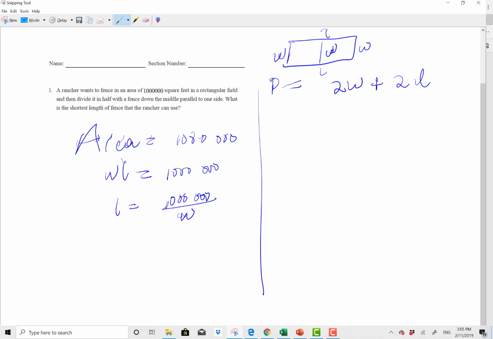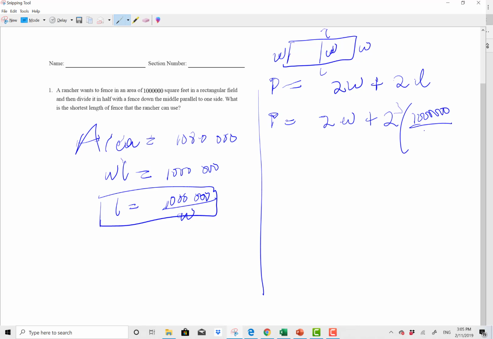With that being the case, if I transpose for L, then P is going to simply be equal to 2W plus 2 times 1 million divided by W.